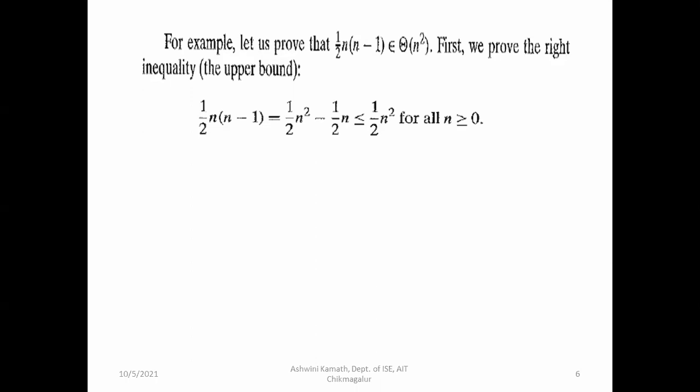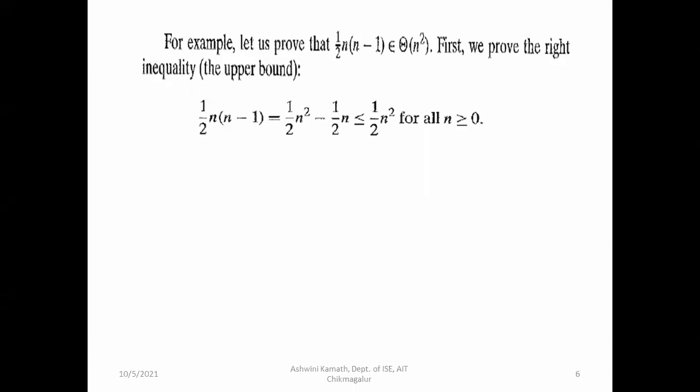So we can say that half n square minus half n is at most half n square, whatever the value of n. We have considered n naught is equal to 0 here. If n is equal to 0, both sides become 0.